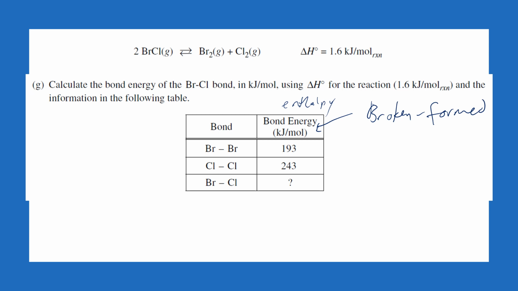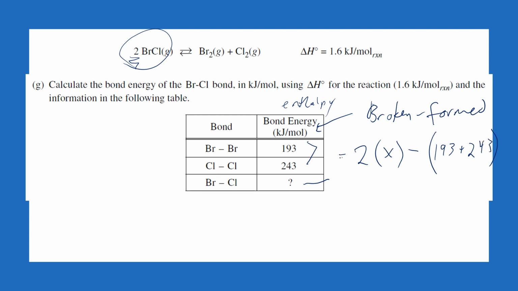And so the bonds between the BrCl have to be broken. And then there's two of them, right? So 2 times our unknown X minus the bonds that are formed. And I'm going to add those together because both of those bonds are formed.